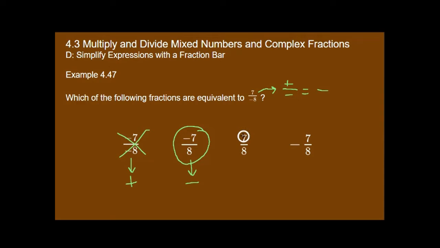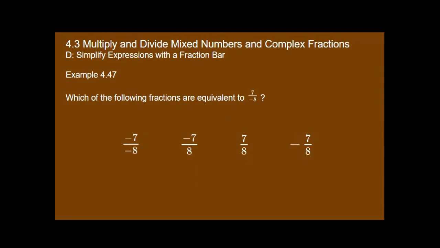A positive numerator and a positive denominator gives us a positive fraction. We're looking for a negative fraction, so that is not equivalent. And a negative out in front is a negative fraction, so this one is also equivalent. So negative 7 over positive 8 and negative 7/8 are equivalent to 7 over negative 8.